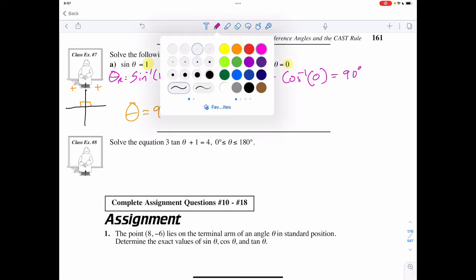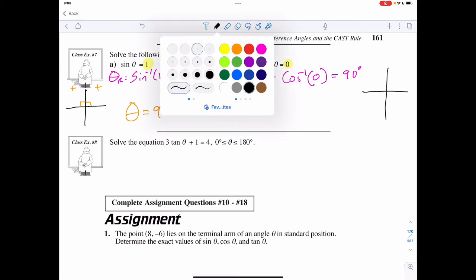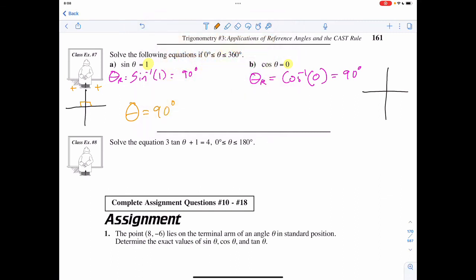So this gets even more confusing, because now, if positive and negative 0 are the same thing, I can take the positive cos regions, or I can take the negative cos regions.